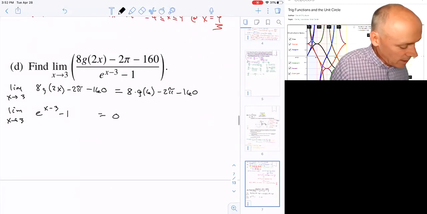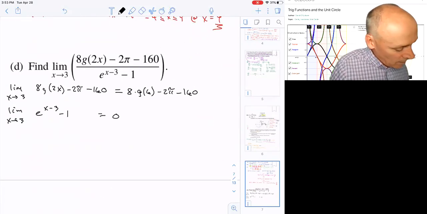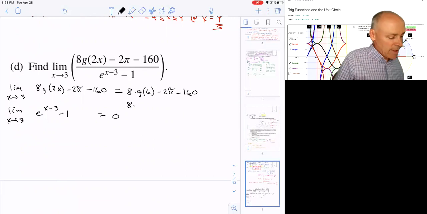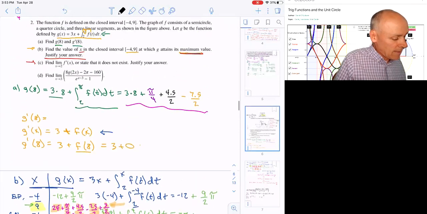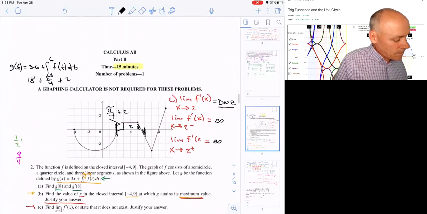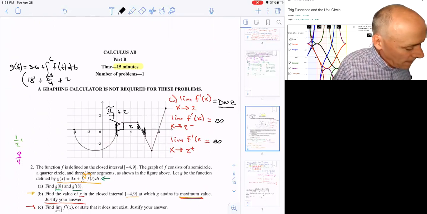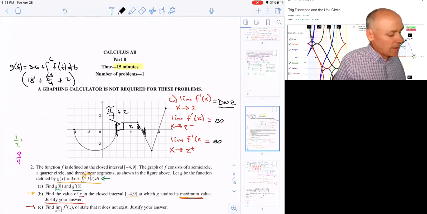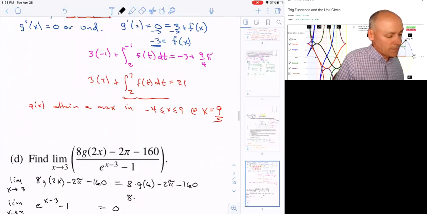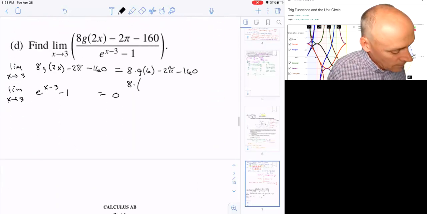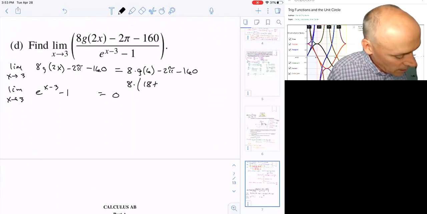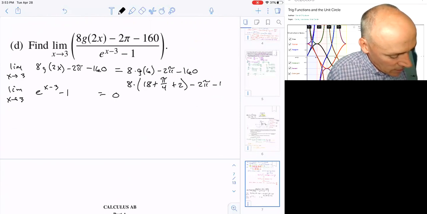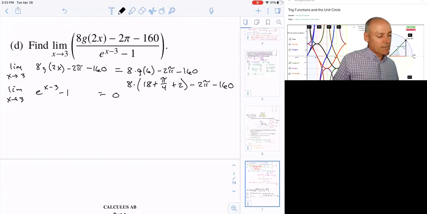So that is 8 times that hot mess right there, 18 plus pi over 4 plus 2, minus 2 pi minus 160.